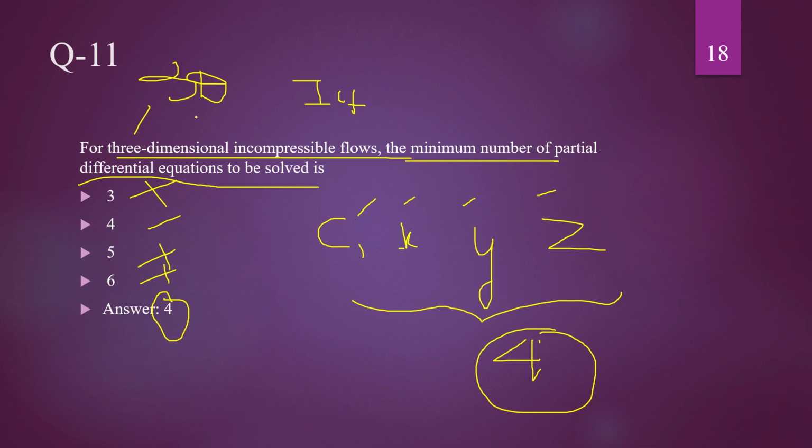One more additional equation we would be solving for compressible flows, that is the energy balance equation. Since the flow is compressible, we need to solve the energy conservation equation also, in addition to all these 3 equations. So there the continuity equation, momentum balance equations and also the energy equation need to be solved. That is the difference between compressible and incompressible flows.